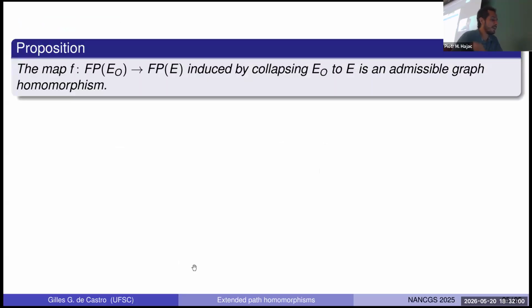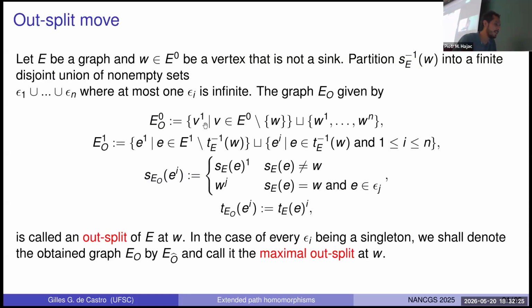And so, first of all, we have the usual graph homomorphism. I call it admissible, which is regular, target bijective, and proper. This map is basically just forgetting the index.